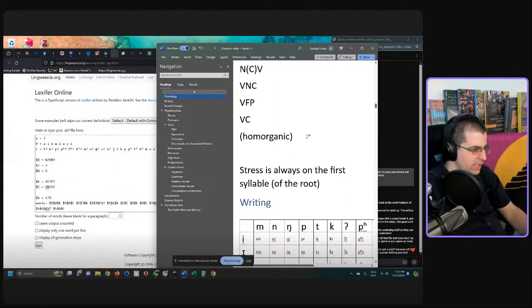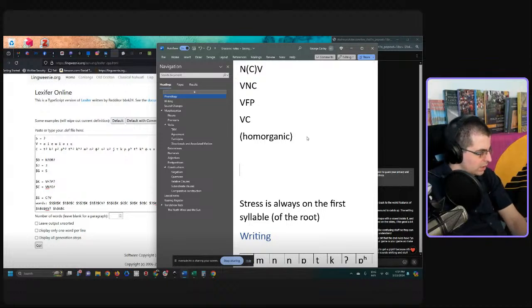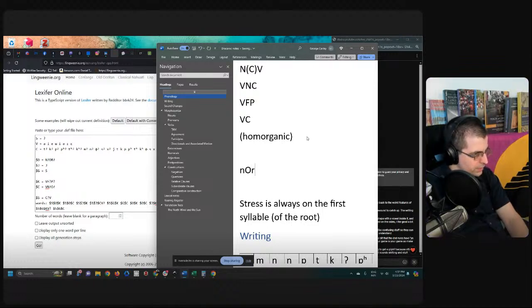So you can end up with two consonants. Oh, up to three consonants actually. But if you have three consonants, you have to have a nasal, a homorganic stop, a homorganic obstruent, and an R. That's the only way that you have that complex of an onset.